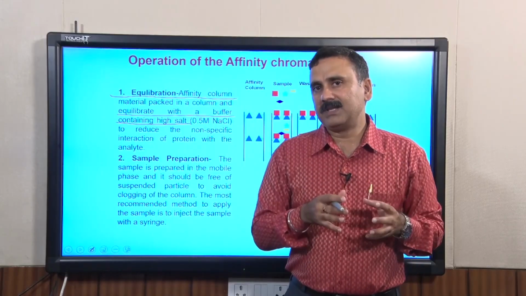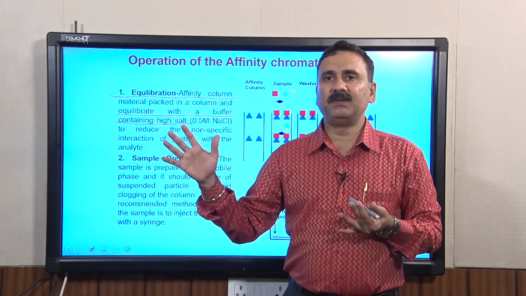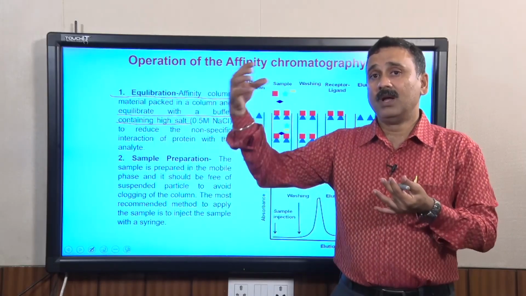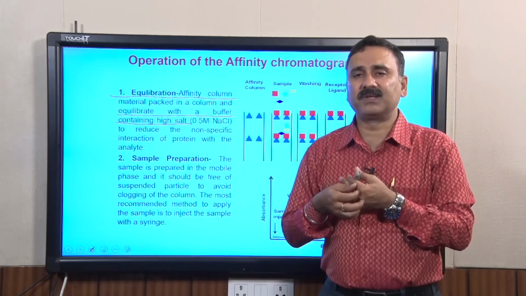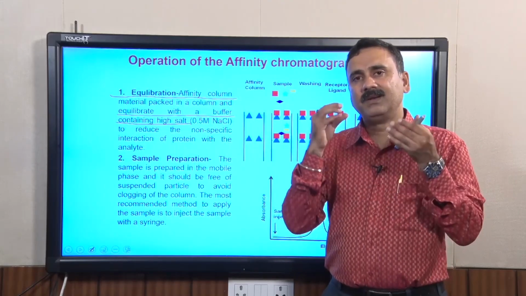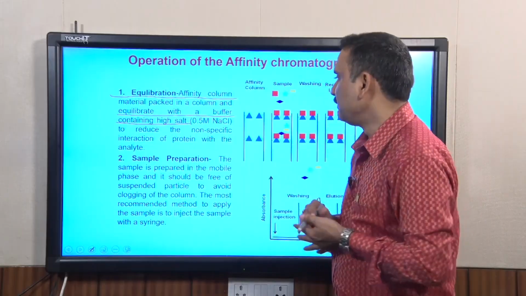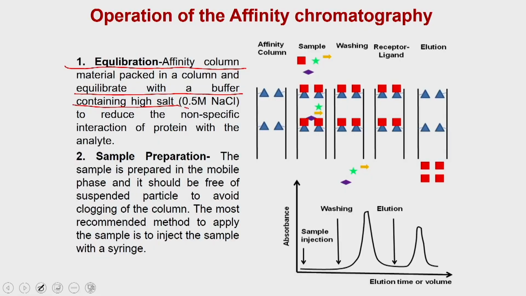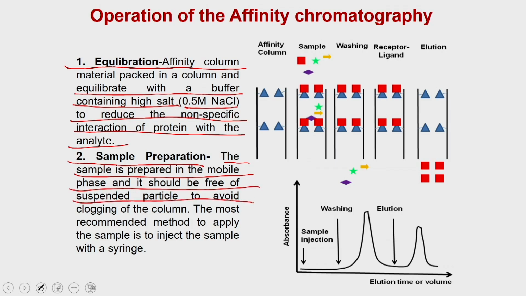So, you keep the high salt so that you destroy the non-specific interaction, so that other proteins will not react with the matrix, and only the protein which is specific will react with the receptor present on the matrix. So, you will keep mostly 0.5 molar NaCl to reduce the non-specific interaction of protein with the matrix. Now, the sample is prepared in the mobile phase, and it should be free of suspended particles to avoid clogging of the column.